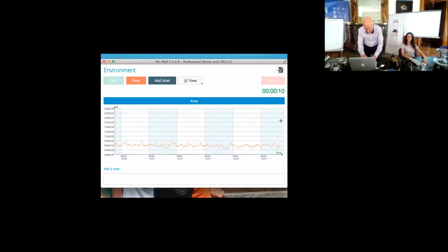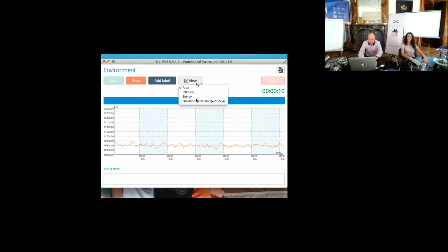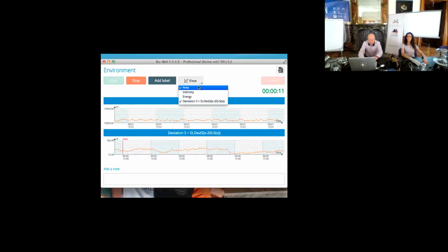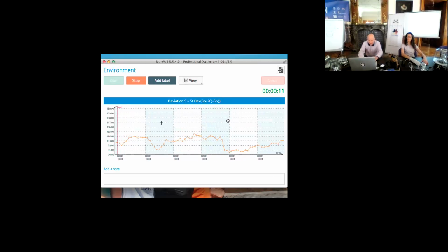Okay, so we have this. It's quite stable. Let's have a view at the standard deviation. Quite stable signal. Now, can you give me this device from your pocket?